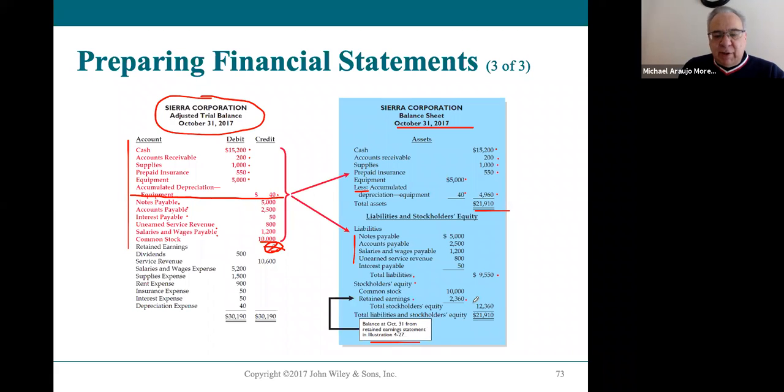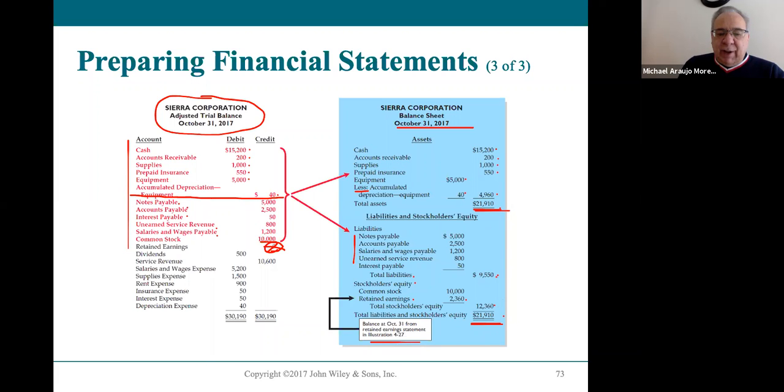So that's the balance we use, 12,360 in equity, plus your liabilities of 9,550 gives you total 21,910. It's the exact same total as our assets, so our balance sheet is balanced. Remember, assets equals liabilities and stockholders' equity.